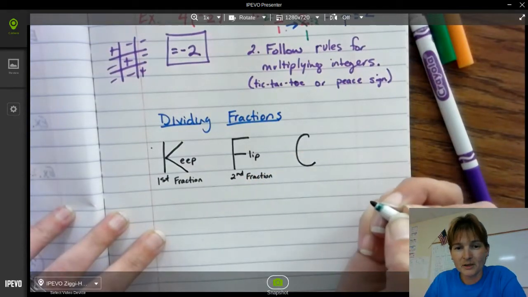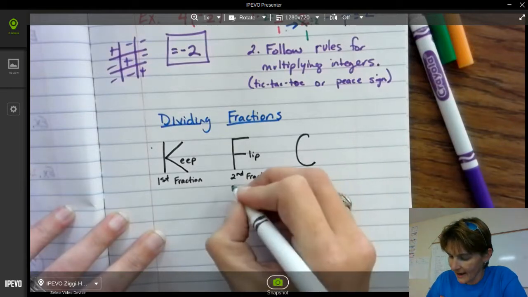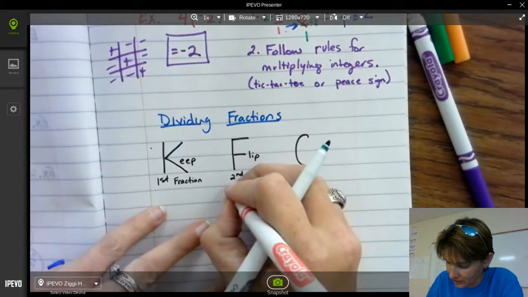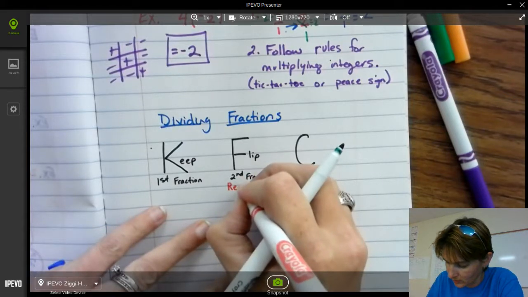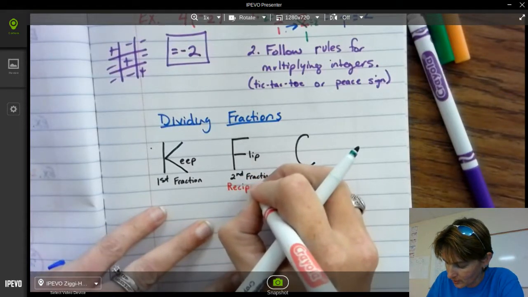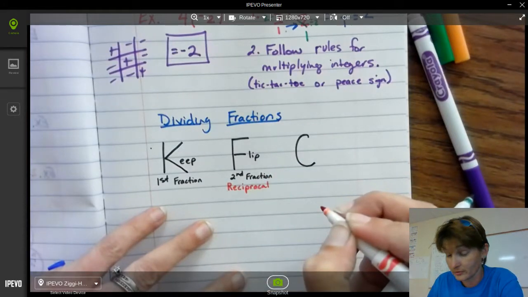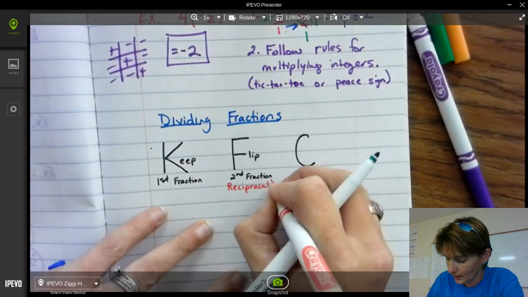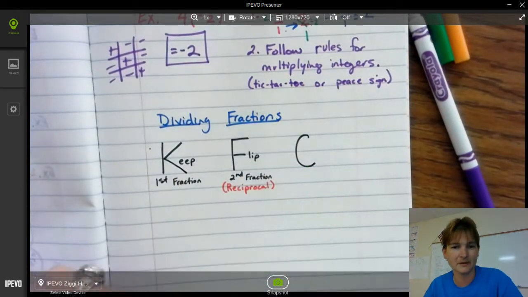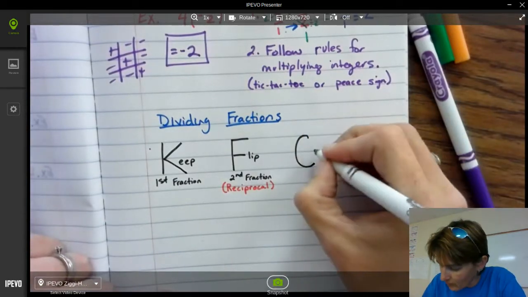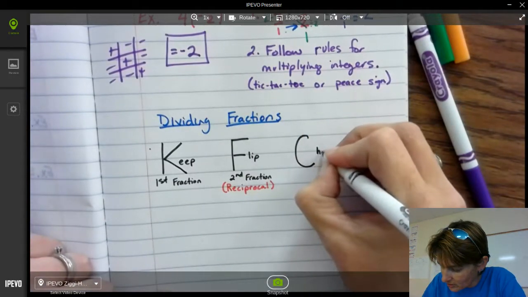The F stands for flip the second fraction. Okay, when flipping, this is actually called the reciprocal. Reciprocal. Okay, I think I spelled that right. And then the C stands for change.